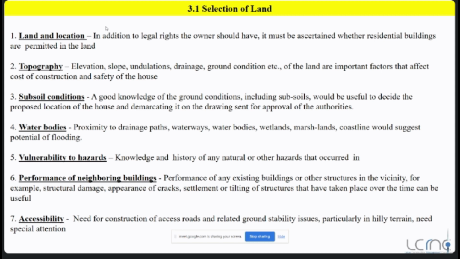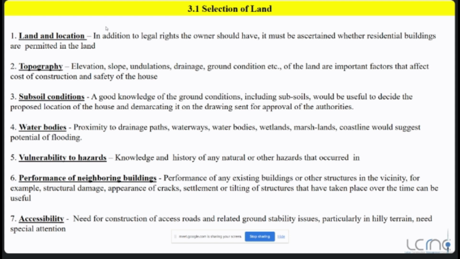So it must be ascertained whether residential buildings are permitted in the land. That means you need to have a proper permission, whether you can construct a residential building or any other commercial building in that particular land.